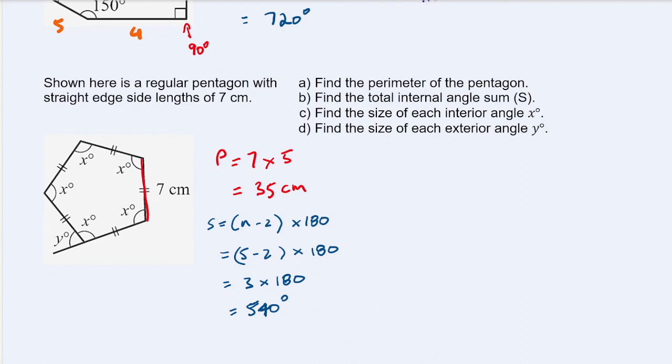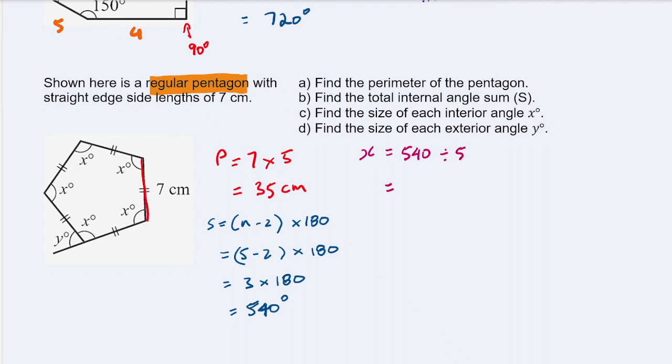Find the size of each interior angle. So we can see there it's a regular polygon. Okay, this one is a regular polygon. So that means all the angles are the same, just like all the sides. So x is going to equal our interior sum, which is 540, divided by the number of vertices, which is 5.